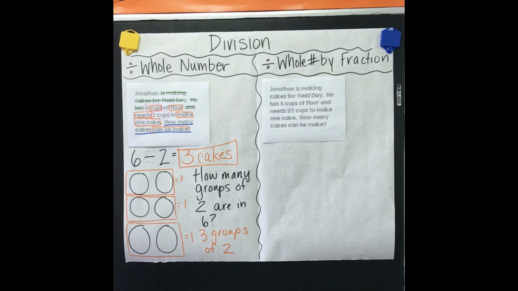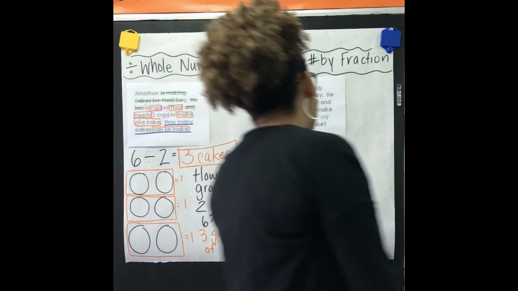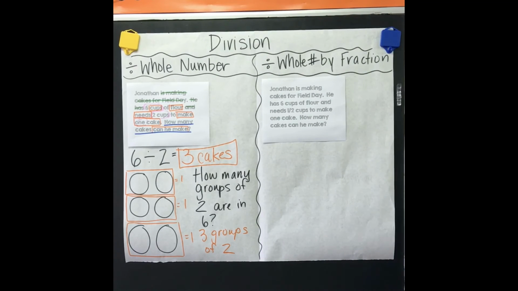Now we're going to talk about what happens when we divide a whole by a fraction. We have a very similar story problem. Jonathan is making cakes for field day. He has 6 cups of flour and needs half a cup to make 1 cake. How many cakes can he make?